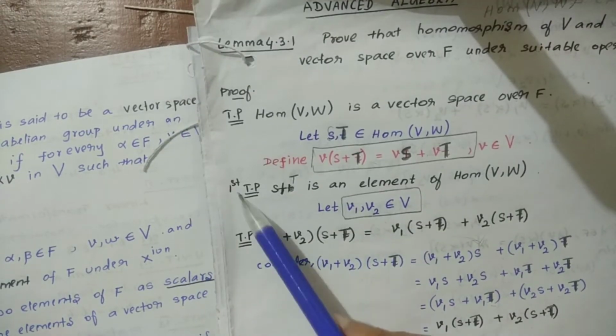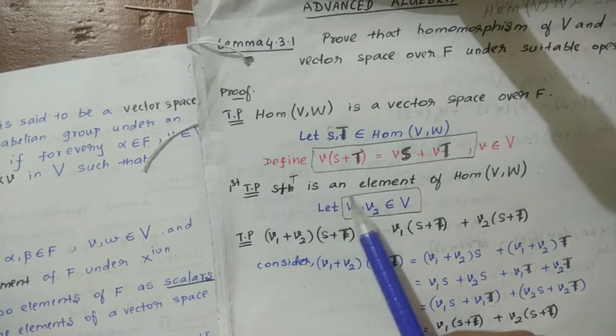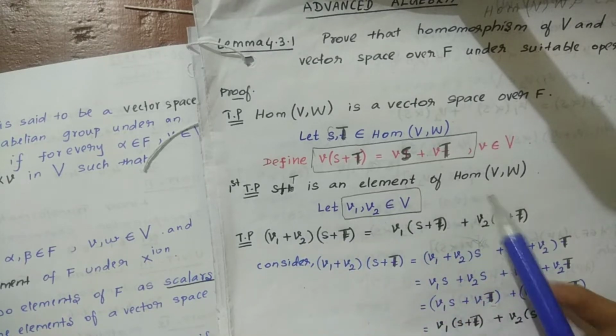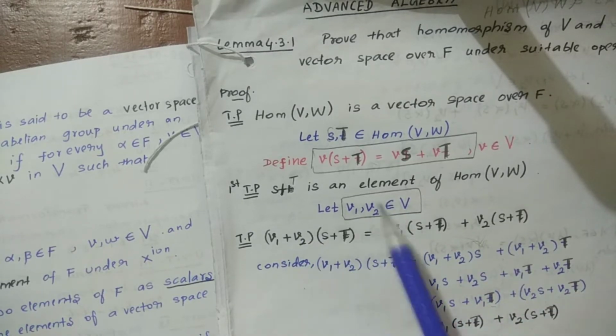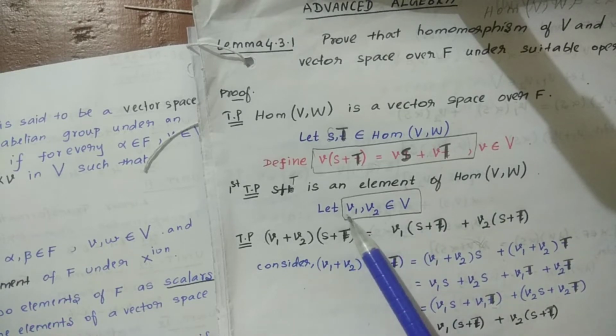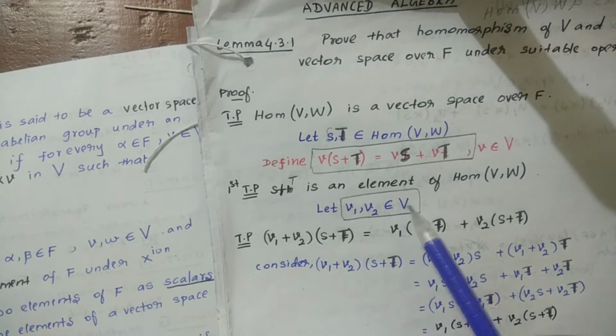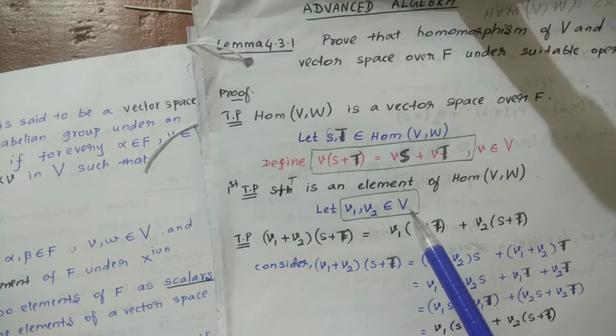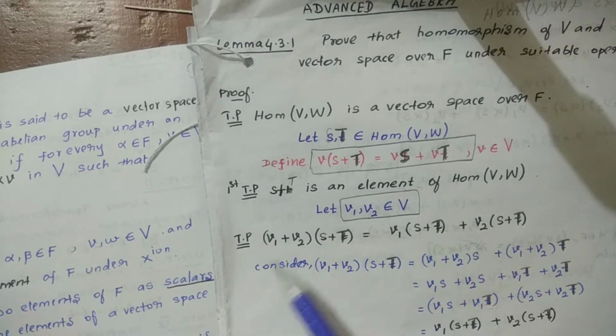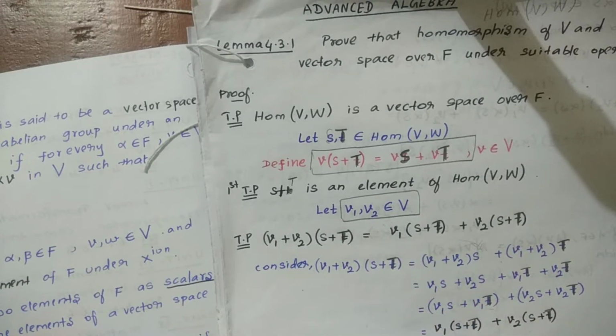Next you are going to prove S plus T is an element of homomorphism of V comma W. To prove that, you are taking two elements from the vector space V, V1 comma V2 belonging to capital V. Here you are going to prove two conditions. These two conditions are the conditions to prove homomorphism.